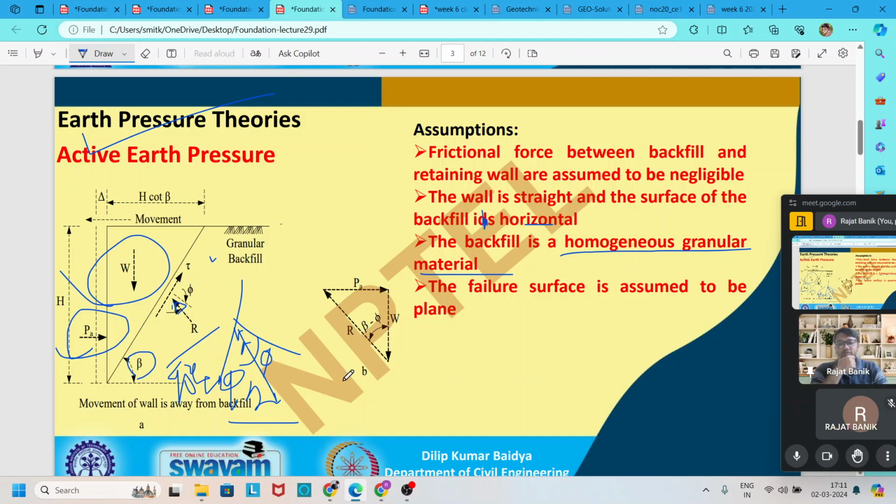With all these forces we make a force triangle.